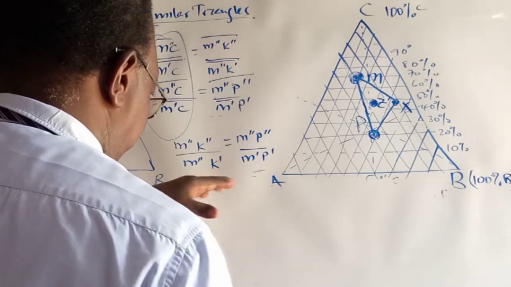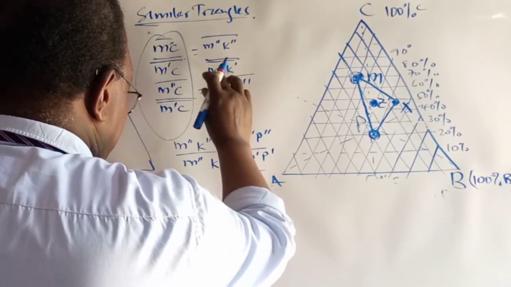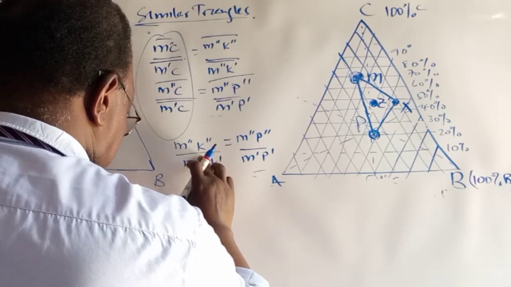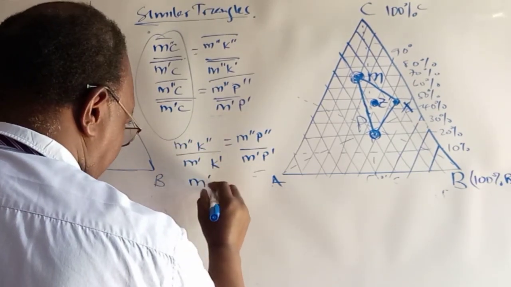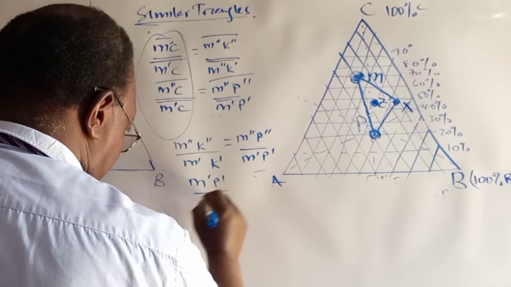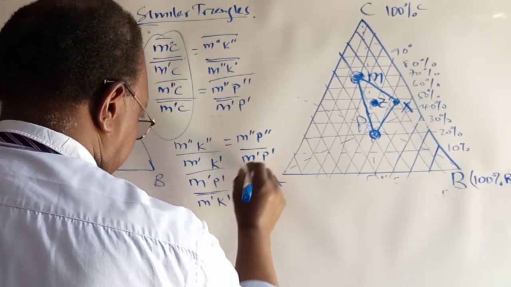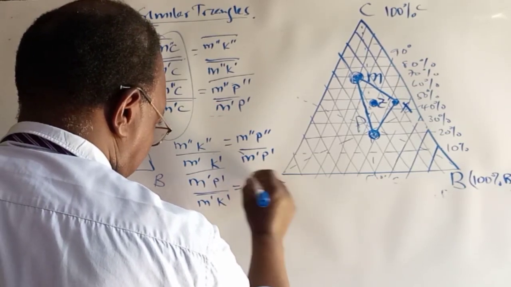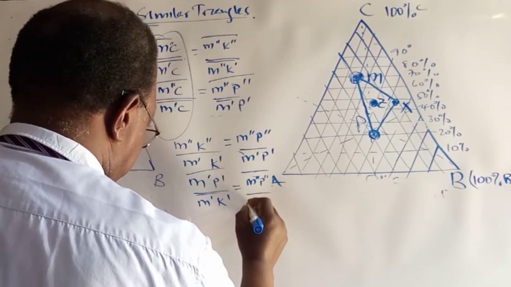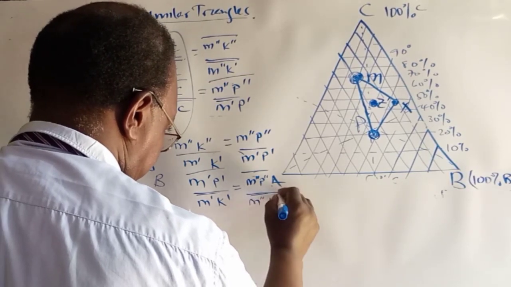So if we rearrange this, we have M prime P prime over M prime K prime, that would be M double prime P double prime over M double prime K double prime.